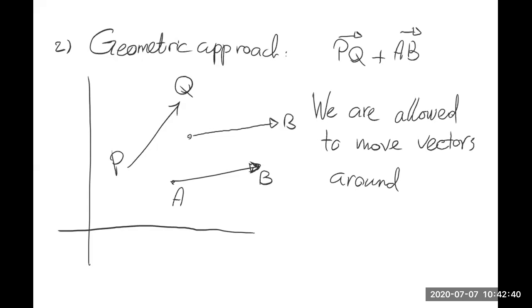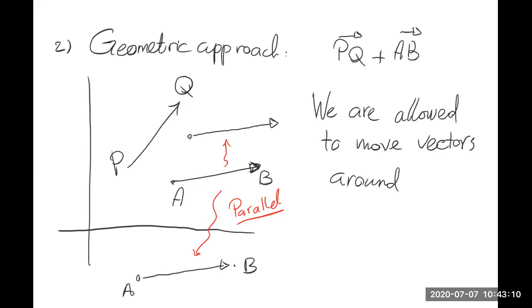The slope and the length shouldn't change. So I'm allowed to move it here, or I am allowed to move it here, as long as I keep it parallel and I keep it the same length. You can think about it as a segment which you are allowed to move around, but the key point is that it should stay parallel and the length shouldn't change.